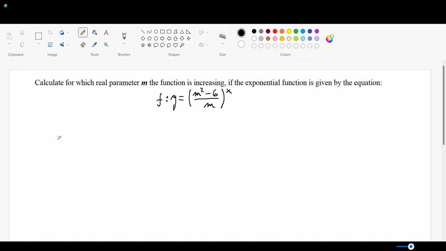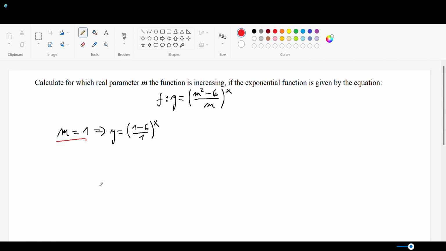For example, if we had parameter m equal to number 1, then our function would be given by the equation y equals (1 squared minus 6 over 1) to the power of x. Basically, instead of m's in my expression I put a number, and now I have chosen 1.